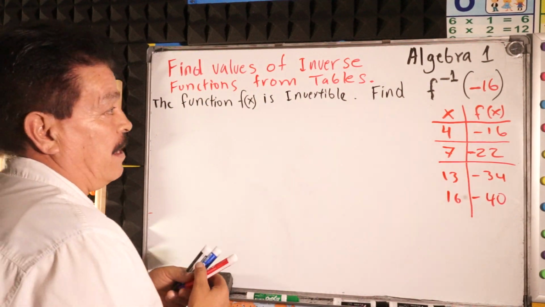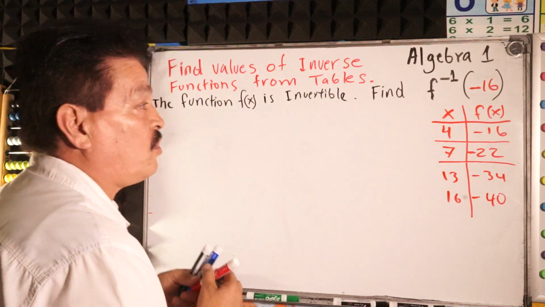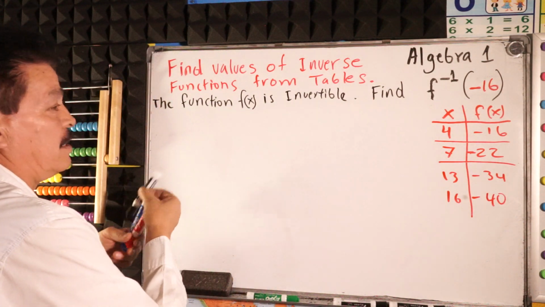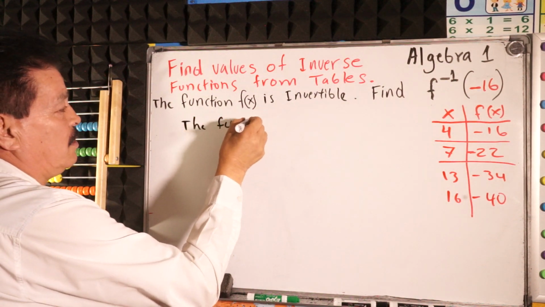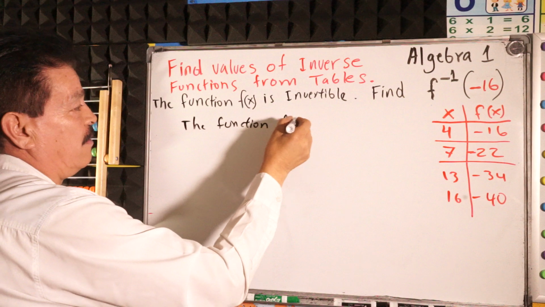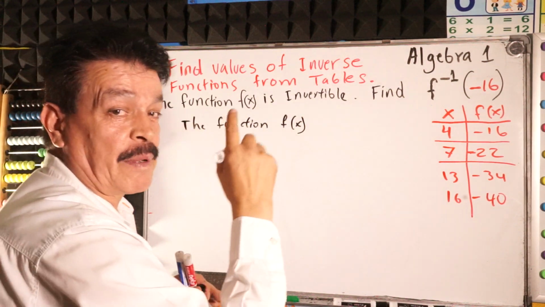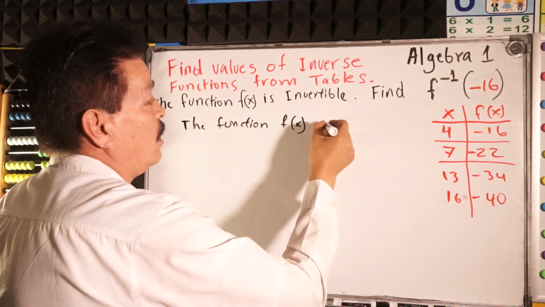Now, the function f of x, remember the step that I did before, is invertible.